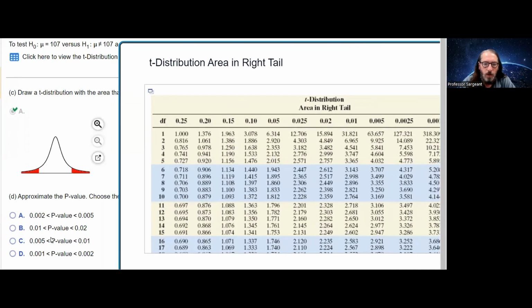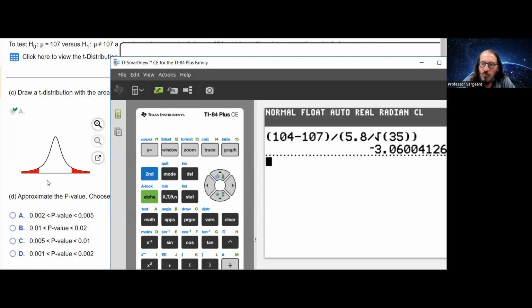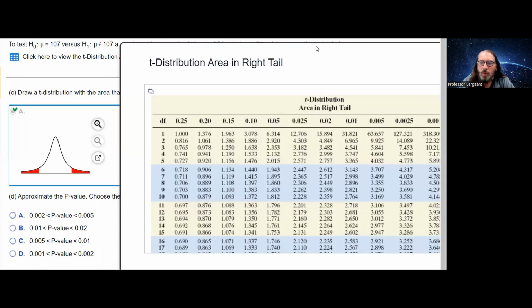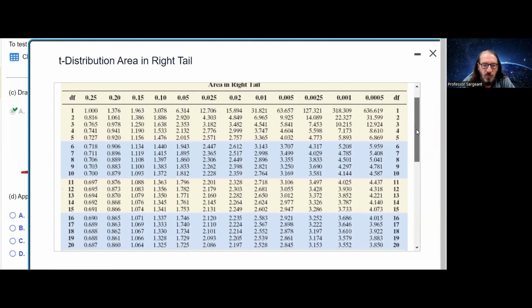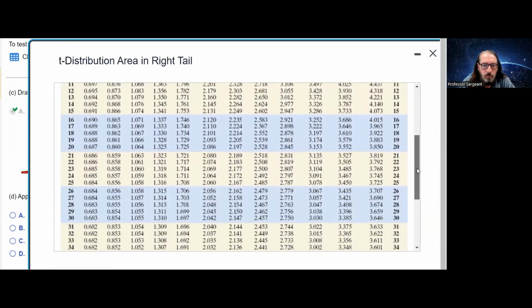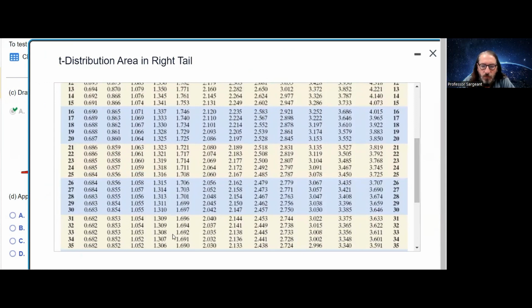And our value for t, we rounded that to negative 3.06, but table 7 is only showing positive values. So I'm going to think about 3.06. Looking in the 34 degrees of freedom row, looking for the 2 closest values that are consecutive, 3.06 is larger than 3.002, but less than 3.348.